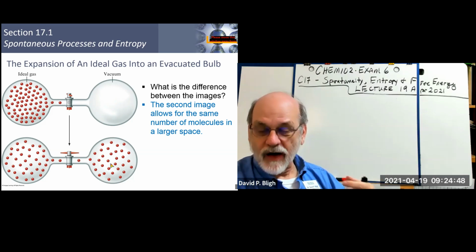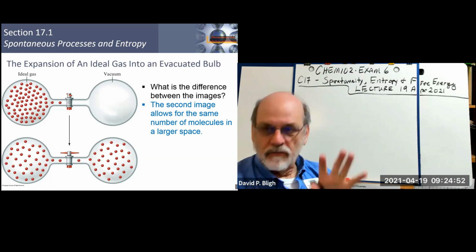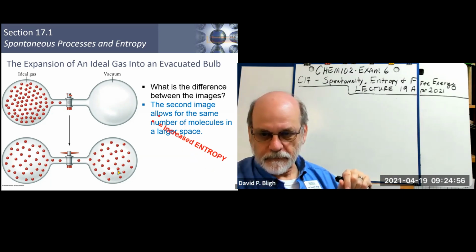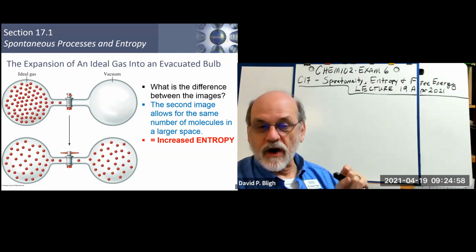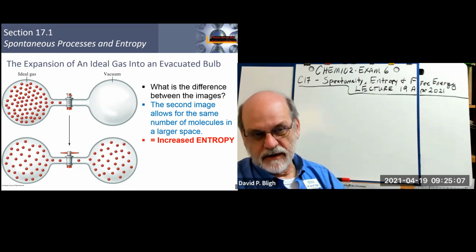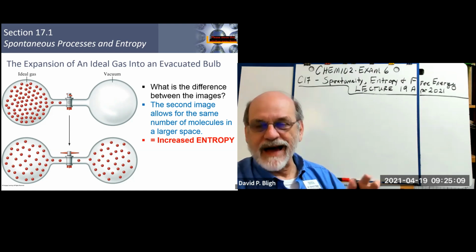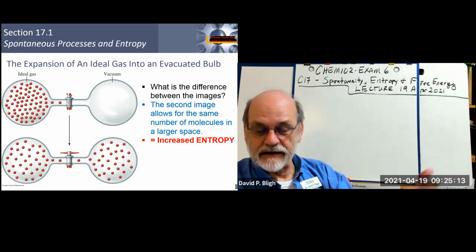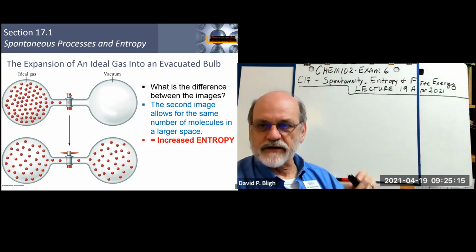All right, that's the difference between the two images. The molecules now have more room. In other words, they can occupy more different places. That's what we call entropy. They have increased their entropy. And one way to look at it, although it's not the best mathematical way to look at the situation, but it's a conceptual aid, is the concept of disorder.